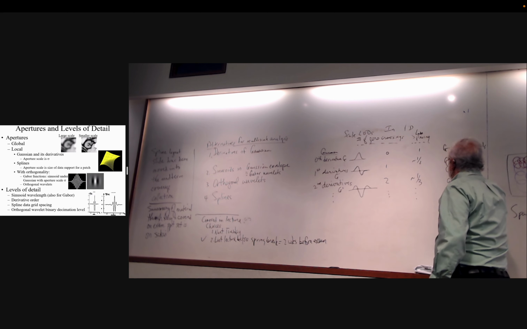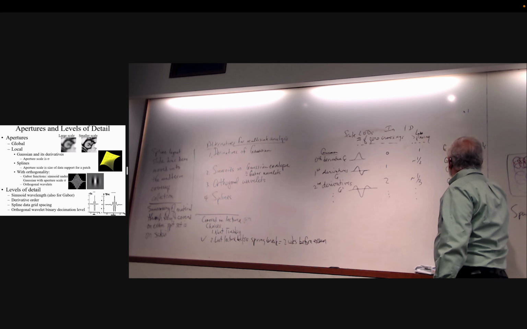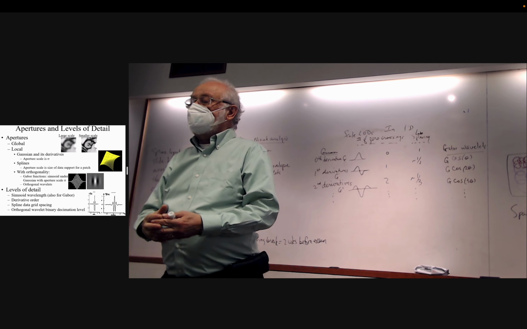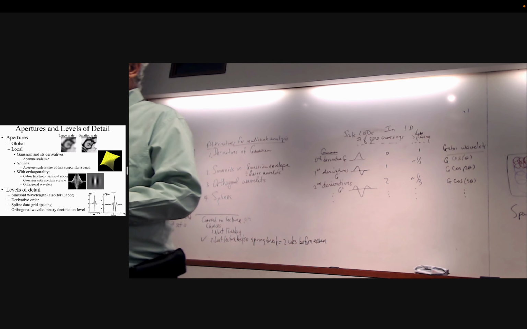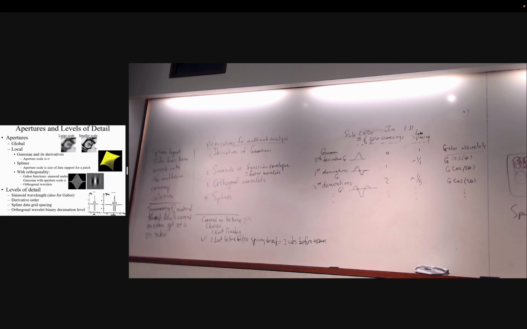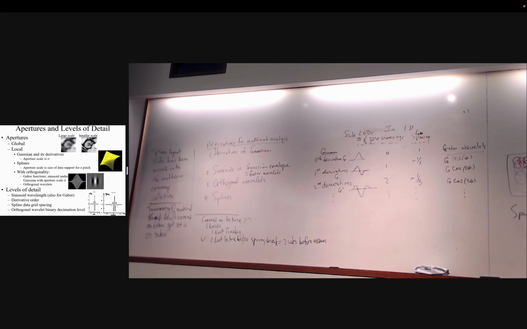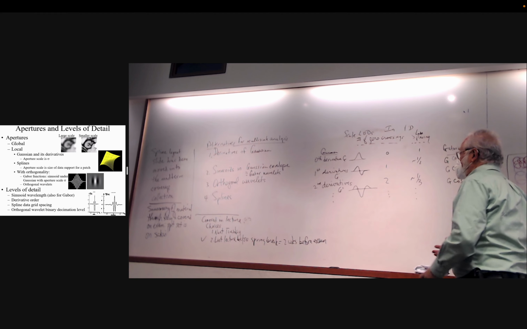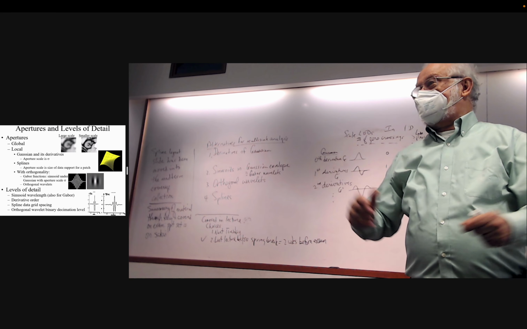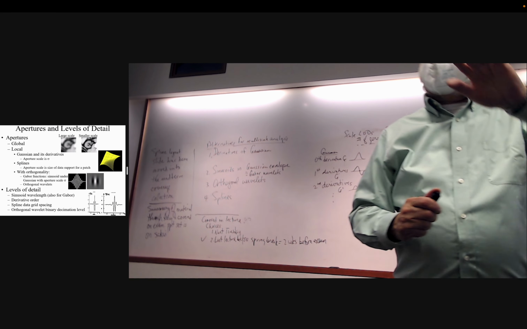So you can have a wavelength which is essentially proportional to the aperture, or half the aperture, or a third of the aperture. So you get different frequency sinusoids that you're using. The higher the frequency, the smaller the level of detail. We will see that it doesn't make all that much sense to use really very small levels of detail with big wide apertures, but that's not our problem right now.